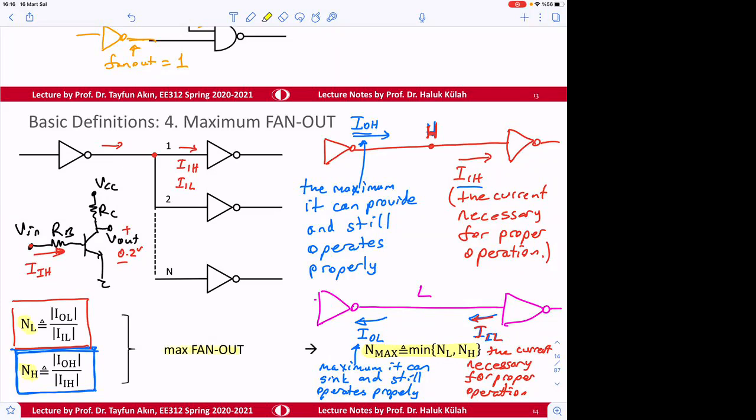So the maximum fan out, how many we can connect at the output, is going to be determined from here. Okay, are you with me? This should be an integer.